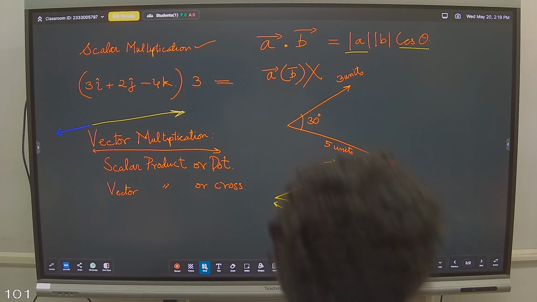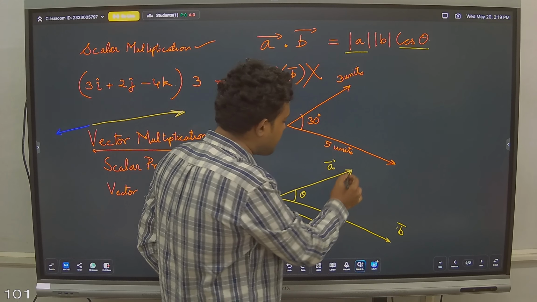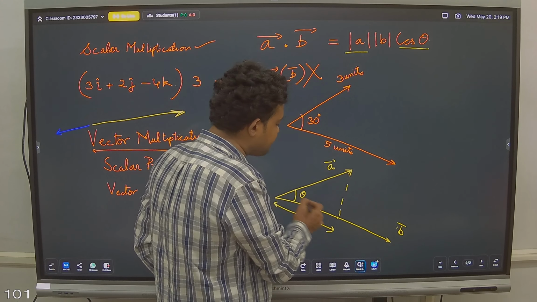Dot product is the product of the component of one vector along the other multiplied by the other vector. And if you take it the other way around, if you consider B cos theta first, you get the same thing.